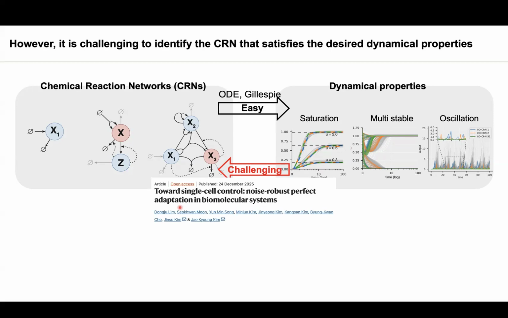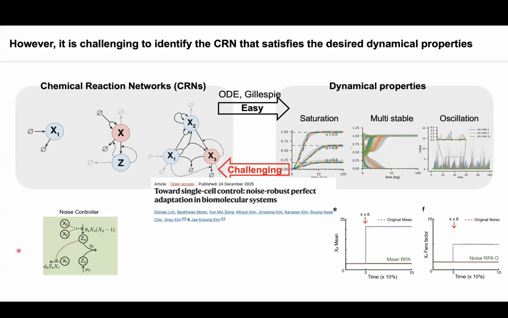In short, what this paper discovered is that using this green chemical reaction structure, we can have a really nice dynamical property, which means that after a perturbation in the system, we have the same consistent mean and consistent noise level for the network.